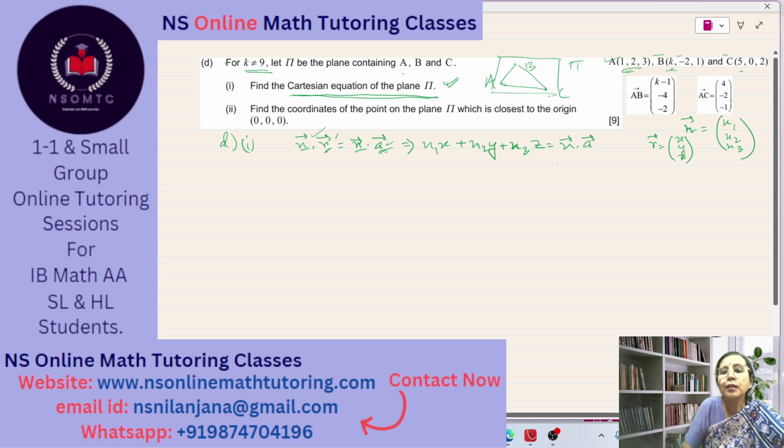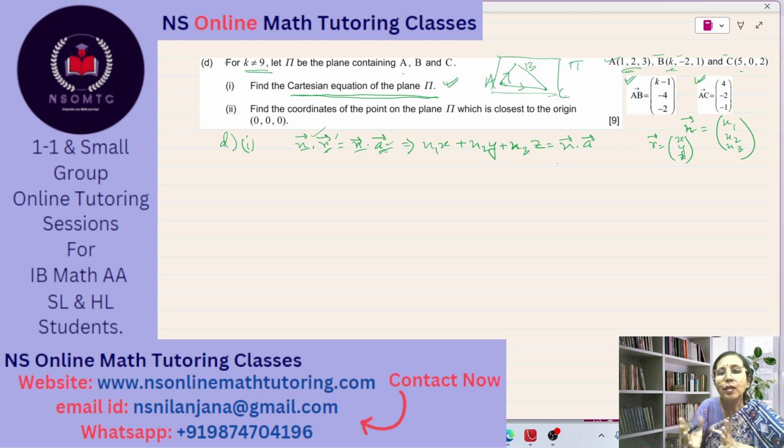And how do we get the normal vector? If we have this AB, we have the vector AB. Actually, we had found these vectors in the first subpart of this question. So we are having the vectors AB and AC. These two are non-parallel line vectors which lie on this plane pi.